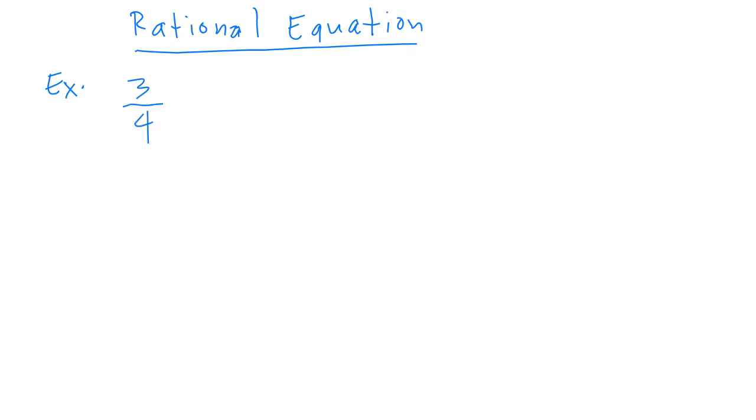That's a fraction. It becomes a rational expression if I put x at the bottom. And then I will add that to a whole number, equal to, let's say, 1/2. So this is a simple example of a rational equation. This is still solving for x.